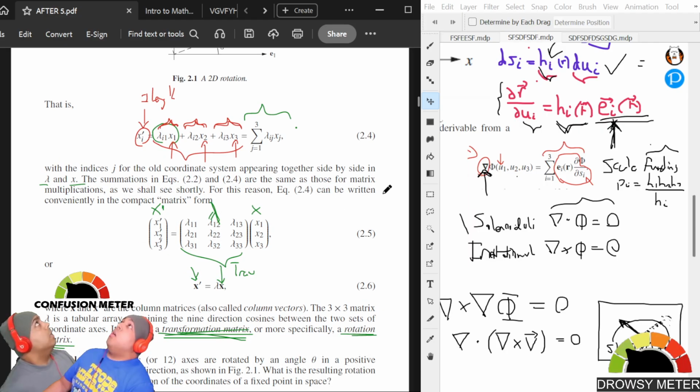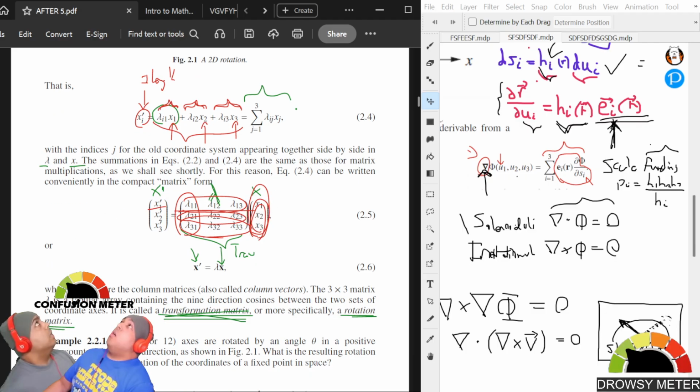For this reason, it can be written as x1 prime equals, and so on, boom, boom, boom.